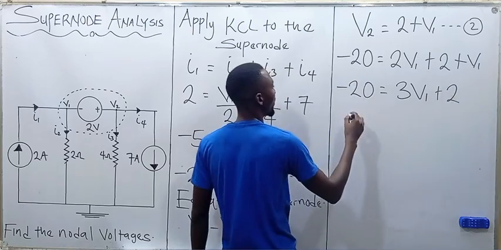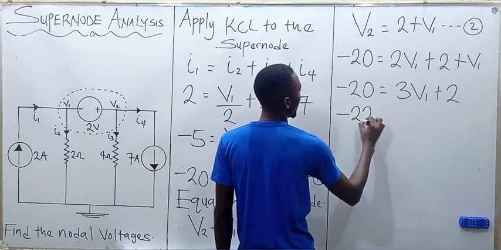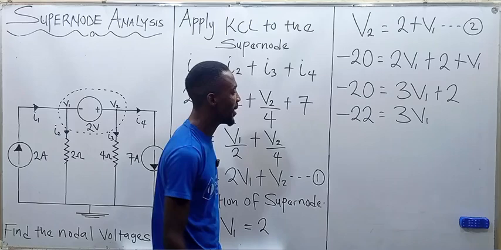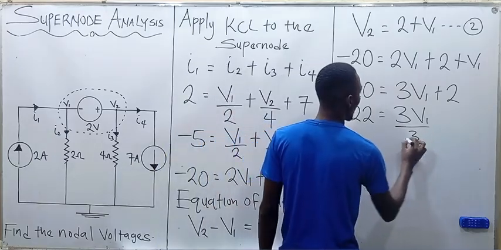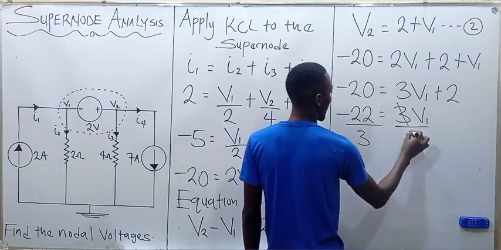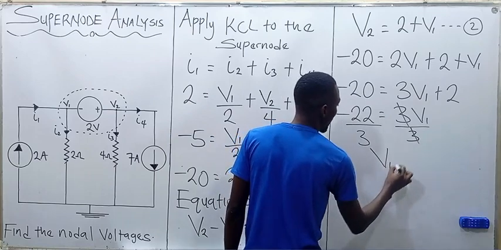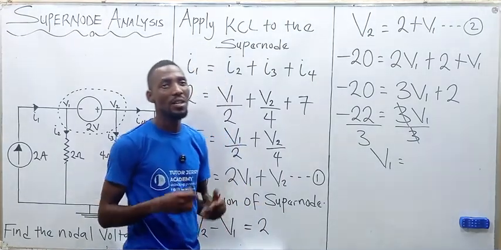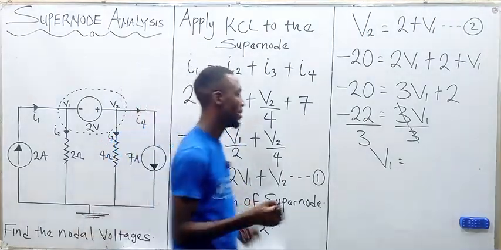If I move the 2 back here, it becomes minus 22 equals 3V1. If we divide both sides by 3, V1 will be equal to minus 22 divided by 3, which gives us minus 7.33.